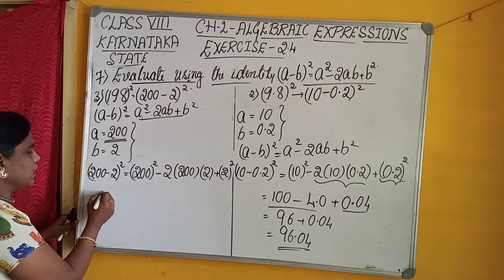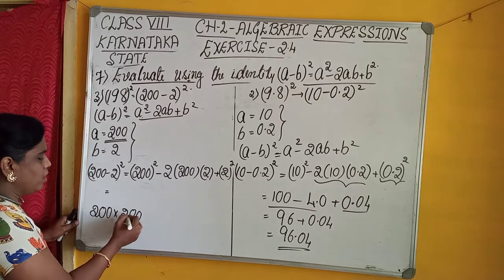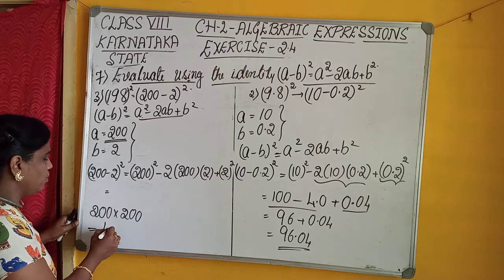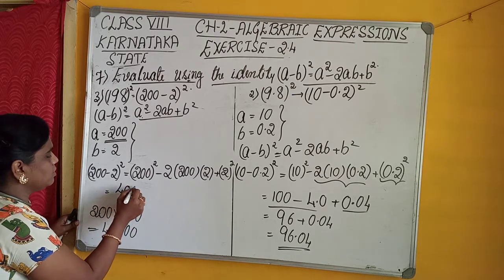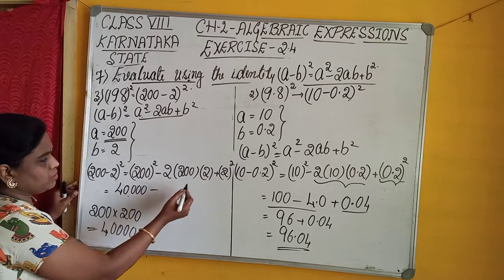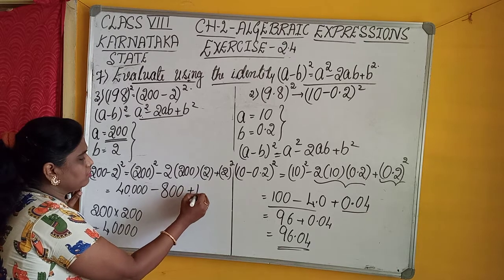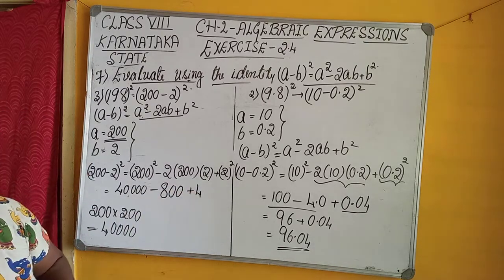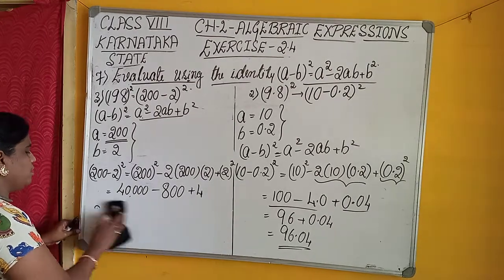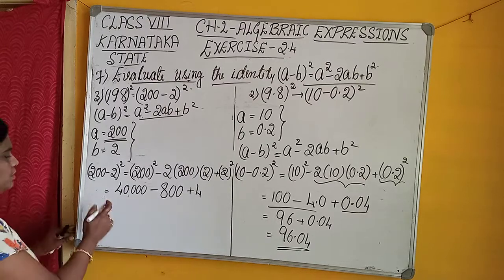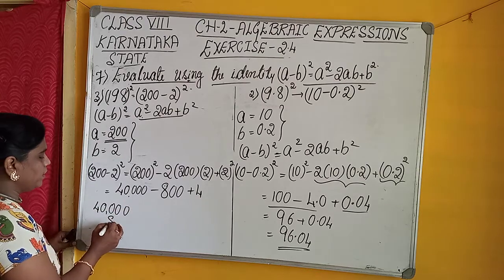Now 200 square is nothing but 200 into 200. How much will you get? 2 2s are 4 along with 4 zeros, isn't it? That is equal to 40,000 minus, here also 2 2s are 4, 4 2s are 8, that is 800, plus 4. That is 40,000 minus 800 plus 4. Now we are subtracting 40,000 minus 800.